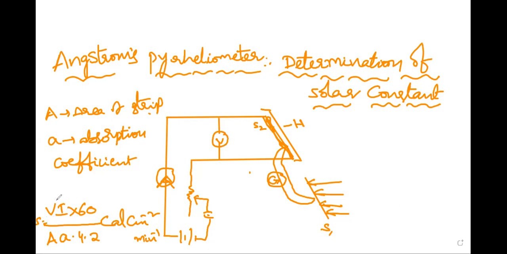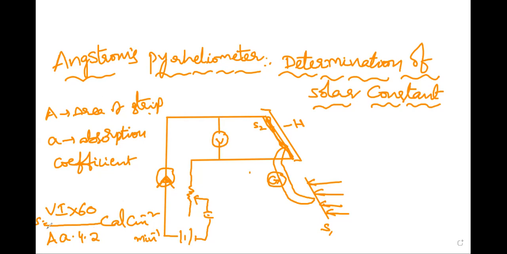V is the voltage, which we can measure using a voltmeter. I is the current, which you can measure using an ammeter. S equals VI into 60 by A a into 4.2, where V and I are the voltmeter and ammeter readings.